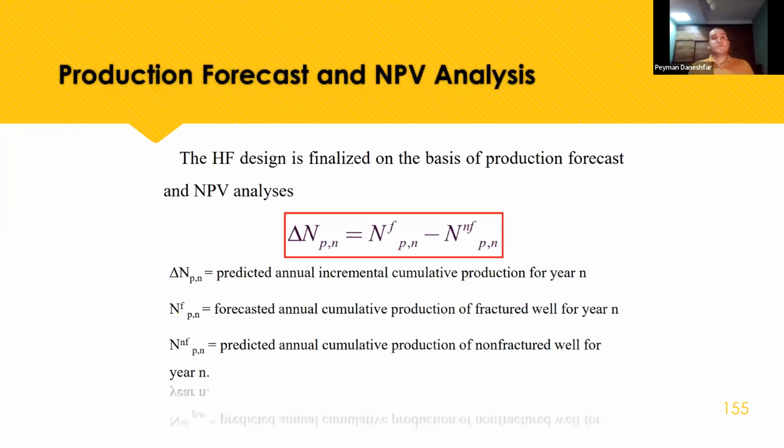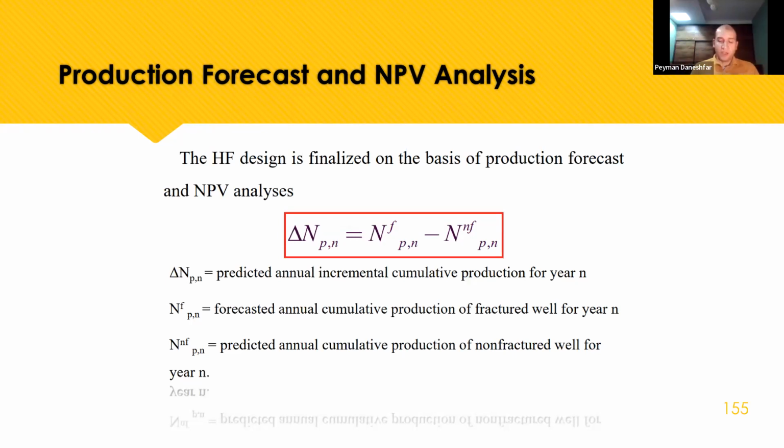A production forecast and an NPV analysis. So we want to do a fracture job. We calculate the cost of the hydraulic fracturing and the well production prices in the future for n years.